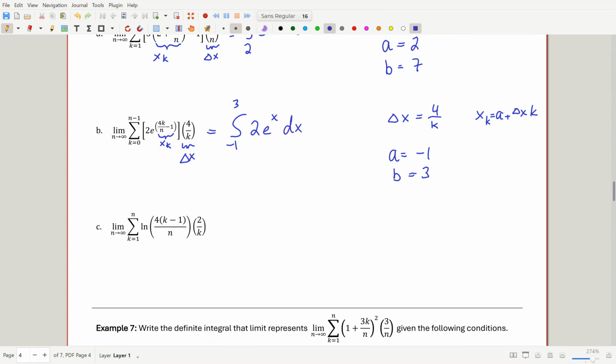Boom. 2 e to the x sub k delta x, 2 e to the x dx. They do really have the same pieces in them. The integral is taking the place of the limit and the sum, all going into one. All righty.